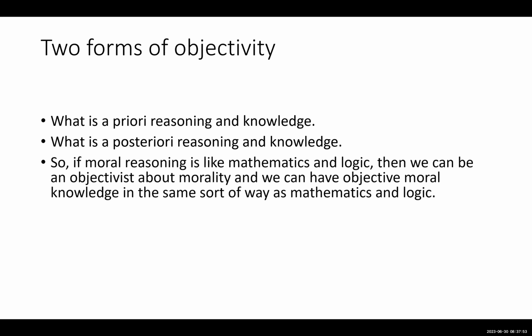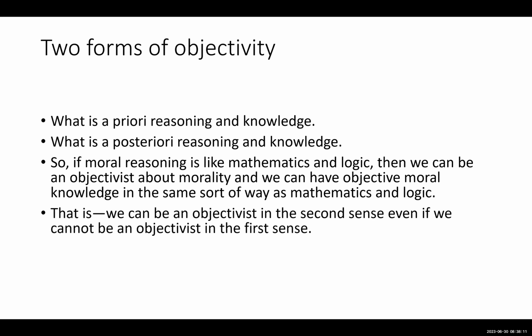So, if it's the case that moral reasoning is like mathematics and logic, then we can be an objectivist about morality, and we can have objective moral knowledge in the same sort of way that we do with regard to mathematics and logic, which is to say that we can be an objectivist in the second sense, even if we cannot be an objectivist in the first sense.